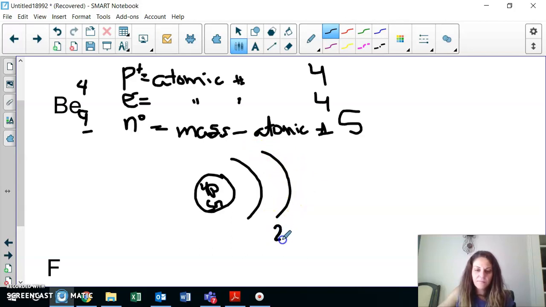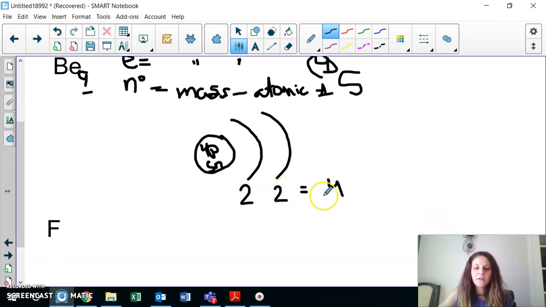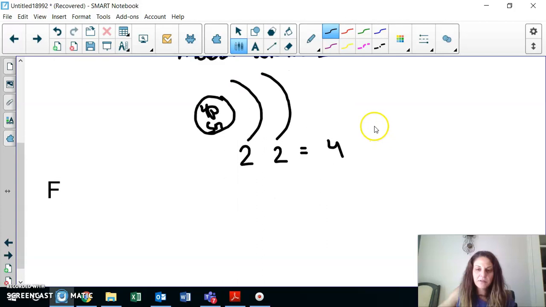So 2. And we have 4 electrons in total to place. So I'm going to write the remainder in the front. 2. 2 plus 2 is 4. Got it?